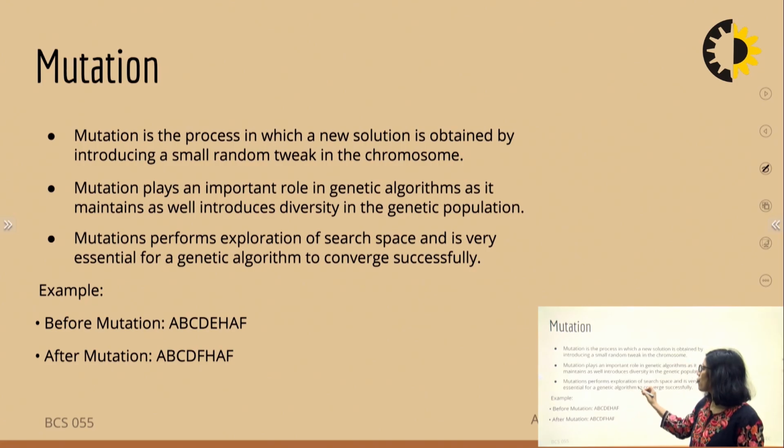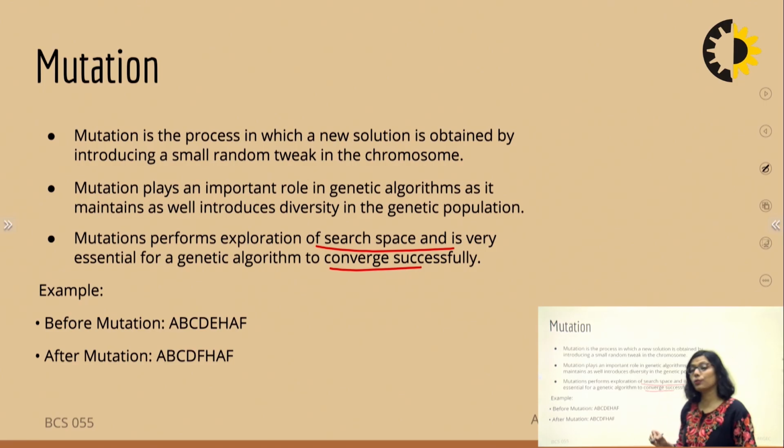So mutation performs exploration of the search space and is very essential for a genetic algorithm to converge successfully. Now this is a main problem of genetic algorithm, that we are not able to understand where we need to stop, where we have the most optimal solution. So mutation helps us to converge that process quickly.